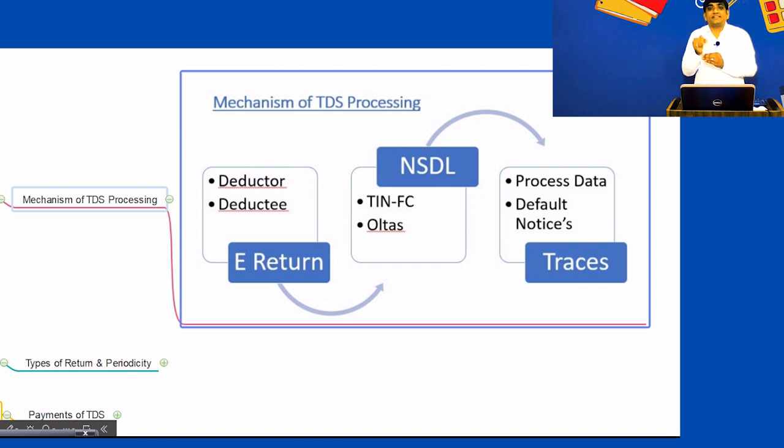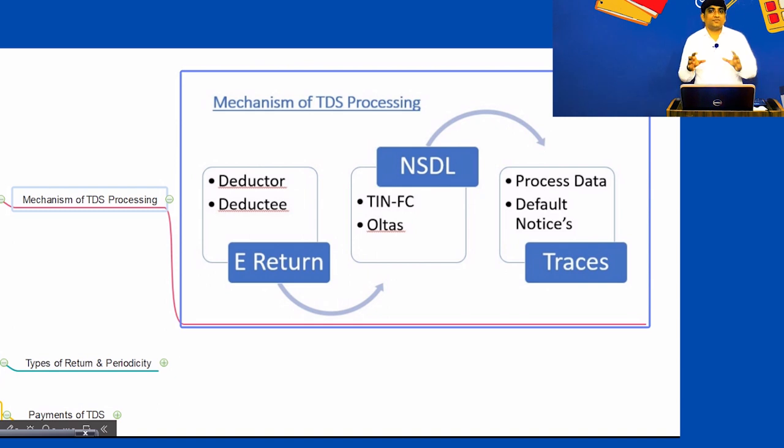The TDS return is filed at NSDL, which is a facilitation center for submission of the TDS returns. After filing of the TDS return at NSDL, TRACES verifies, or you can say processes, the data submitted by the deductor, and after processing of the data, TRACES issues default notices to the deductors.